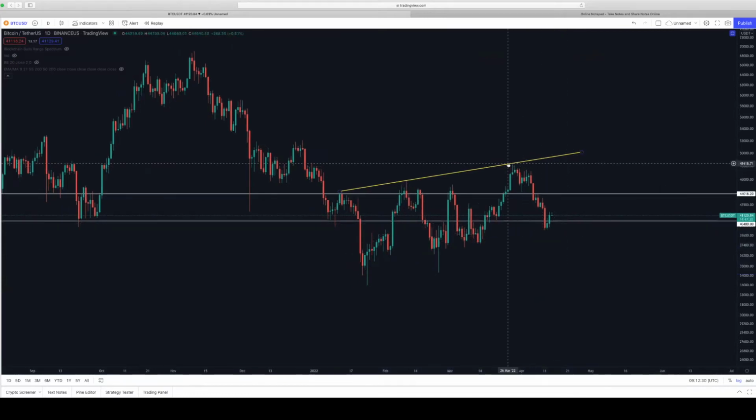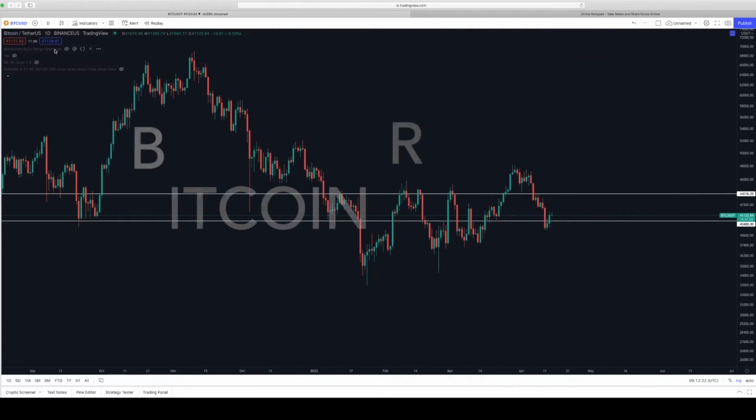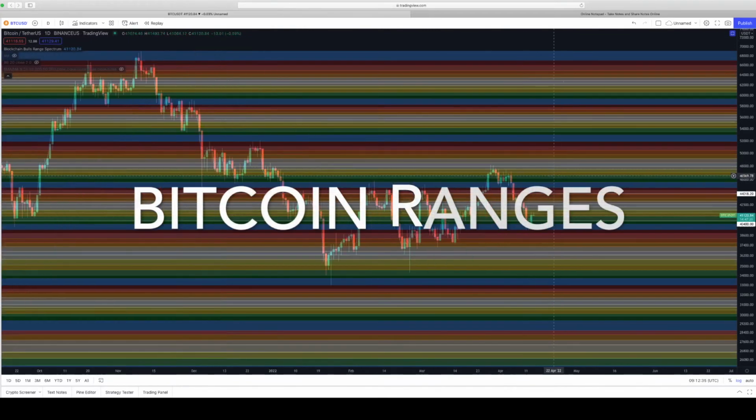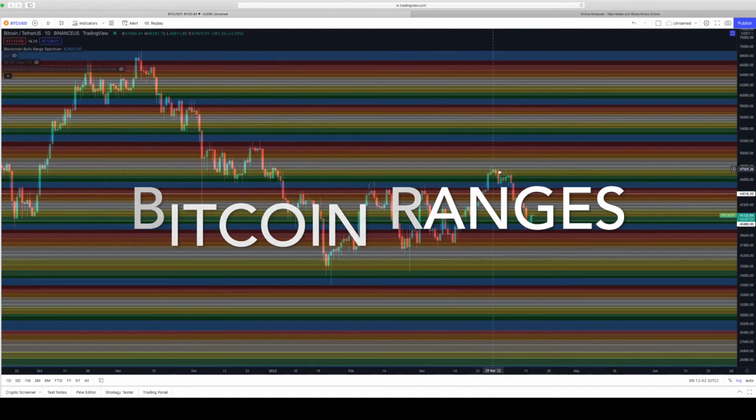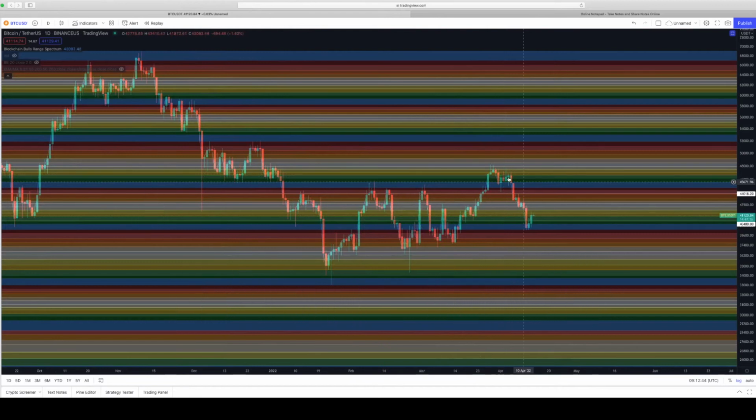Flicking over to ranges, we'll get rid of this. If we flick on the range spectrum, we'll see that we've been moving around within these ranges. We tried up with a big candle through the dead zone, flicked around within this buy area here, but we didn't get the confirmation. The confirmation that this is staying in this range would be a movement above and a candle close above the previous high that we made there.